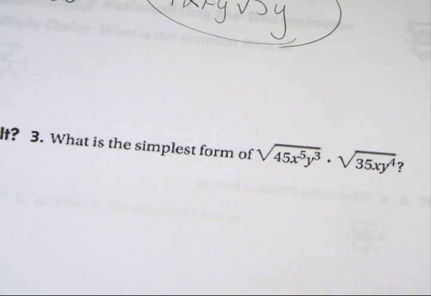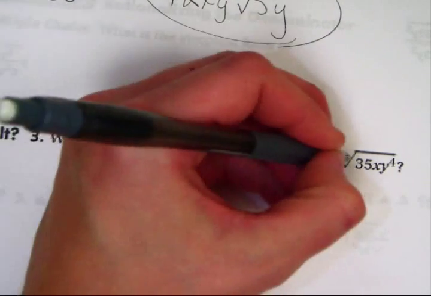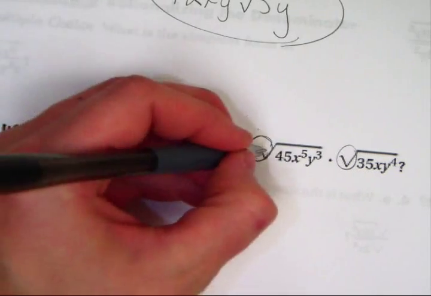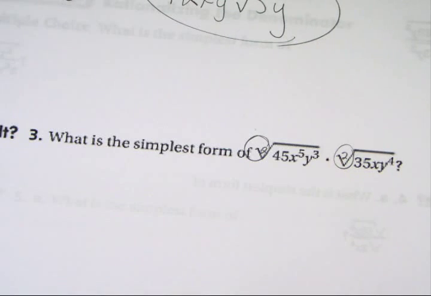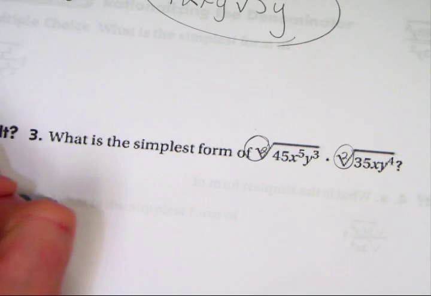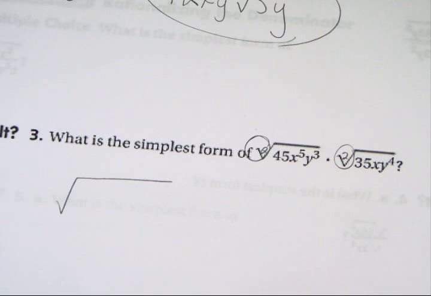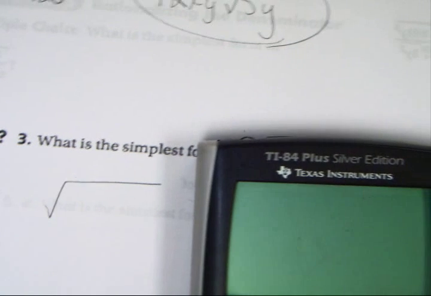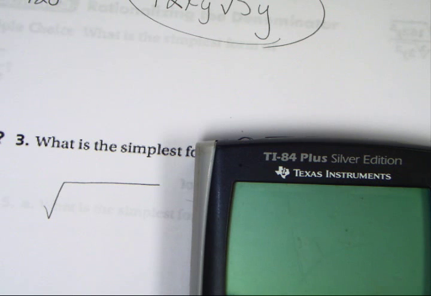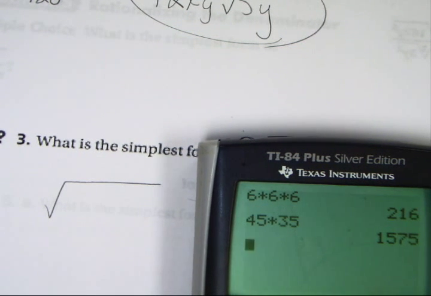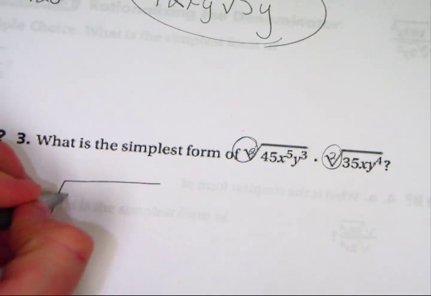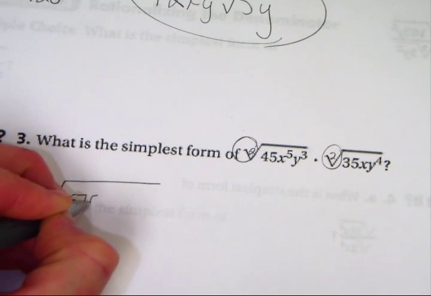Got it, number 3. Look at the indexes. Can you even multiply them? Yes, you can. They each have a hidden index of 2. So, you do 45 times 35 is 1,575.